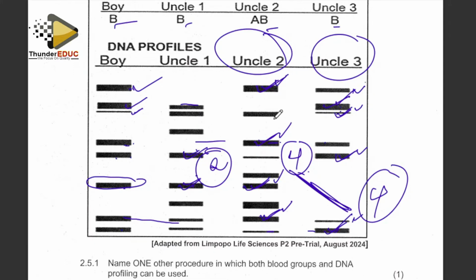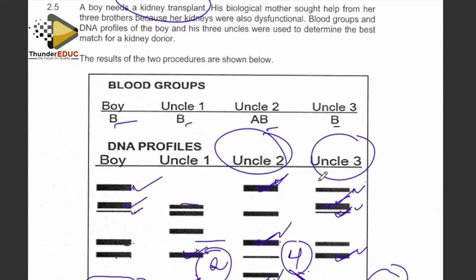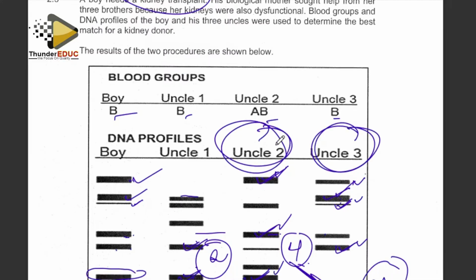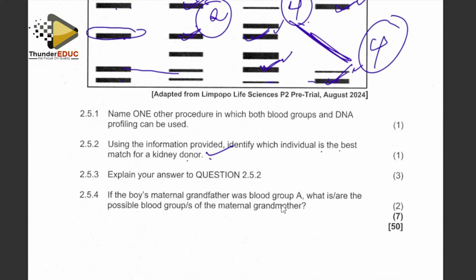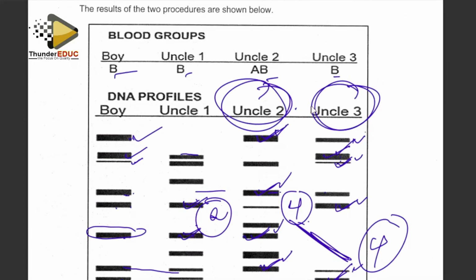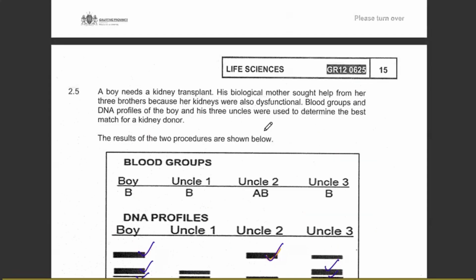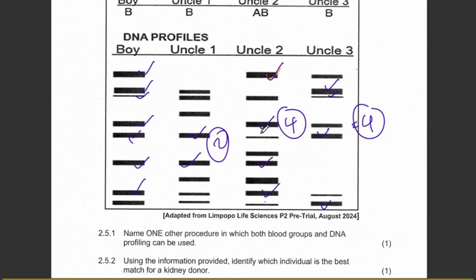Is it clear? So I see 2 and 3. They say identify which individual is best, but here we see it is 2 and 3, so the answer is either this or this.